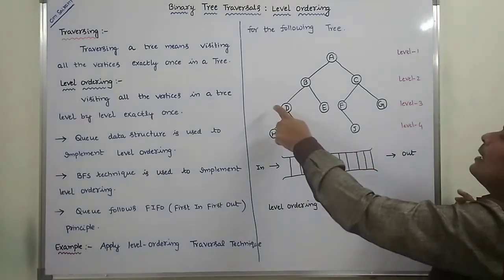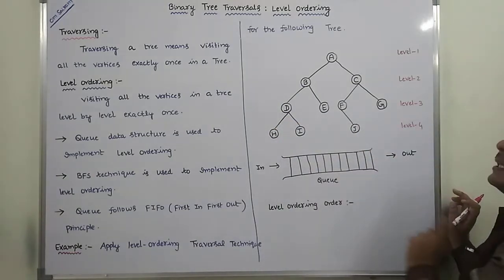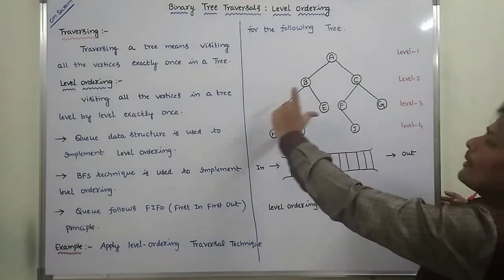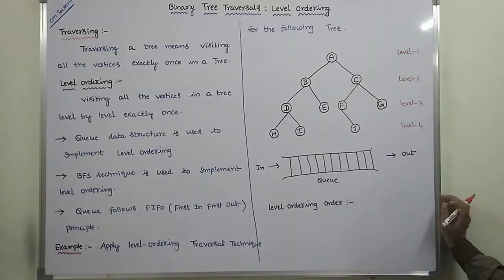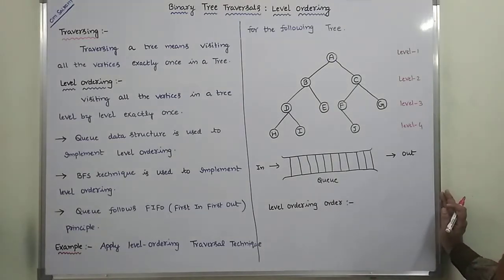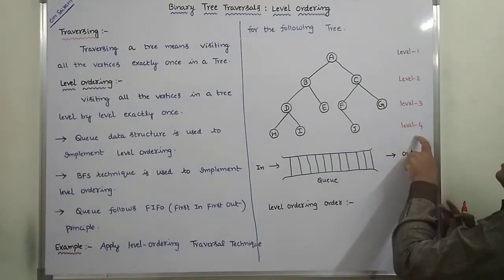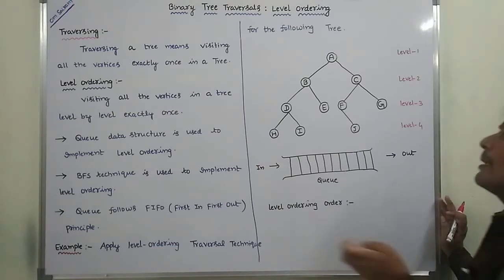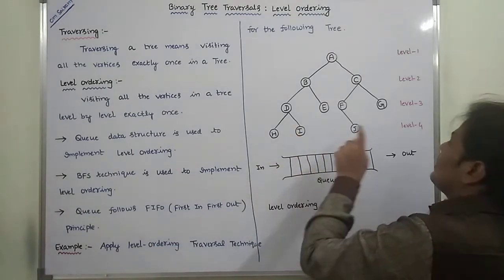In the third level there are 4 vertices, D, E, F, G. All the vertices in the third level are visited from left to right. Next go to the fourth level. In the fourth level there are 3 vertices, H, I, J.